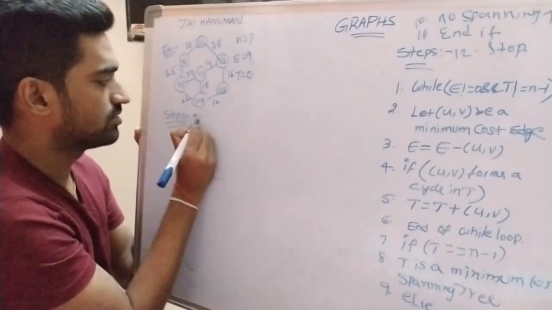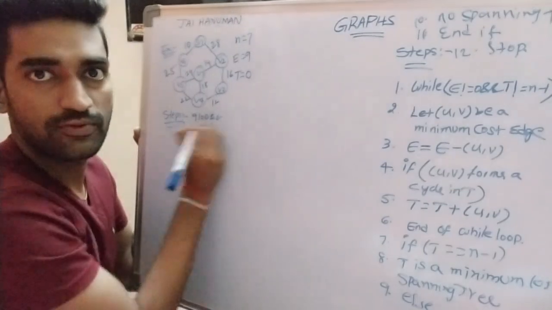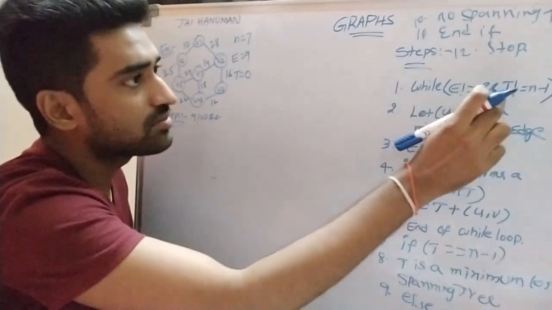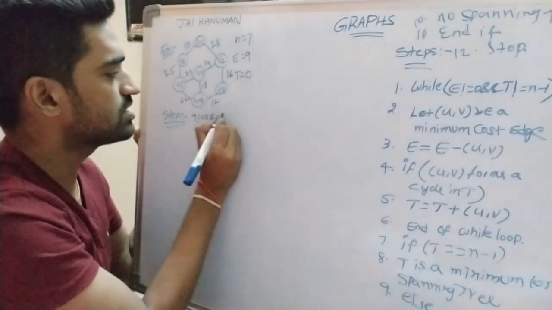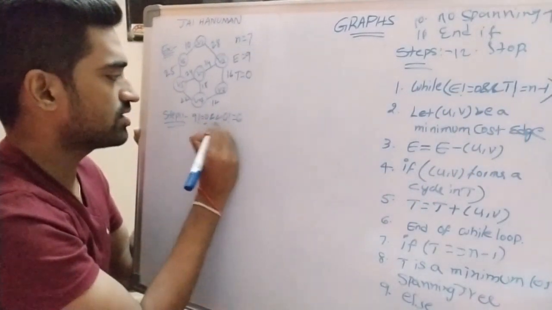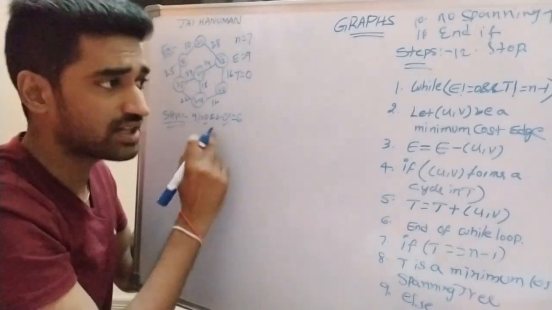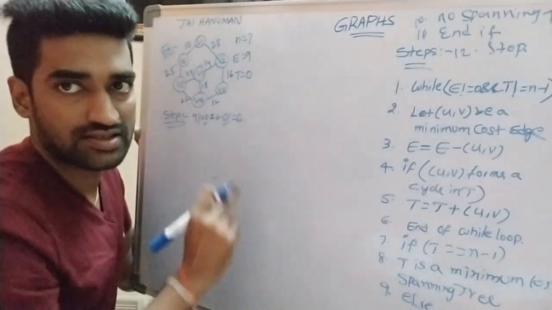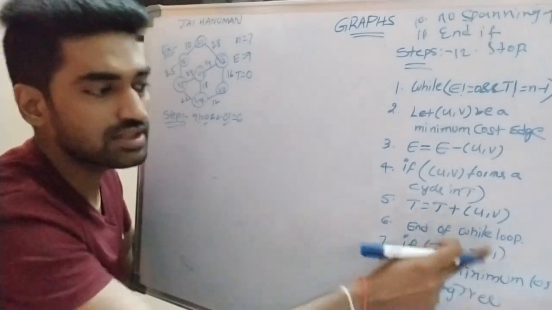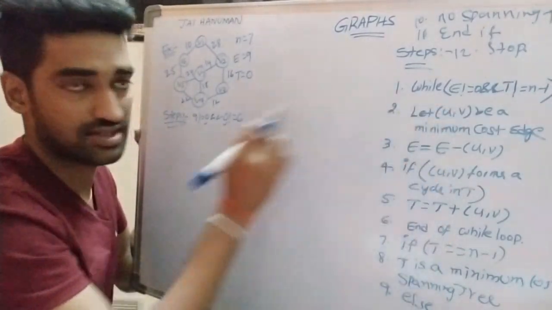So 9 is not equal to 0, logical AND of T not equal to n minus 1: T is 0, not equal to n minus 1, which is 6. Both are true, so in the logical AND operation it returns true. If any one is false, we do not execute these steps. Both are true, so that's why we enter these steps.